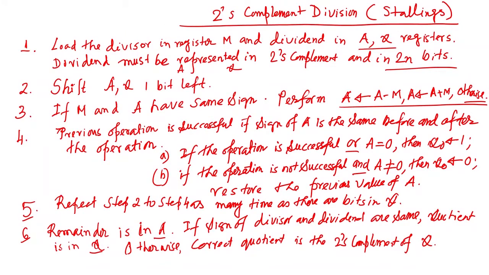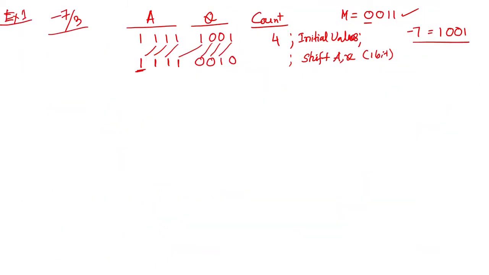If it is a different sign, then what do you have to do? You have to add them. That is, if A and M have the same sign, perform subtraction, otherwise addition. So then we should add: we perform A equal to A plus M.